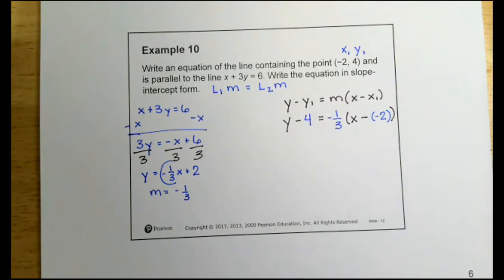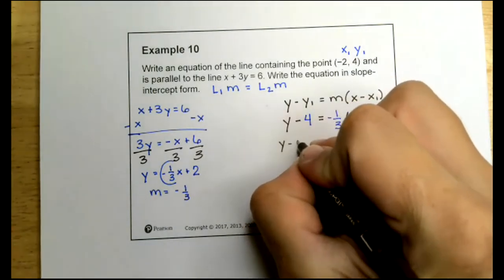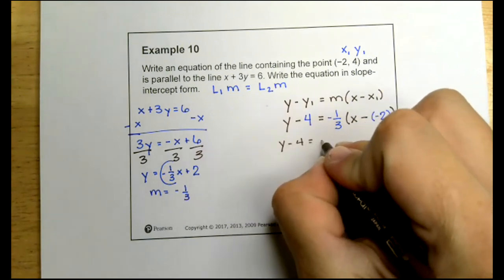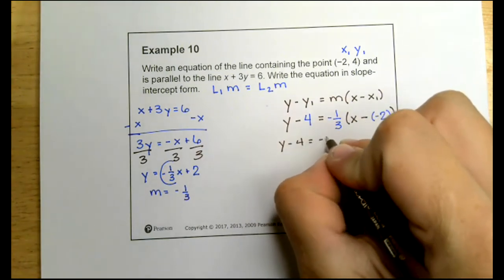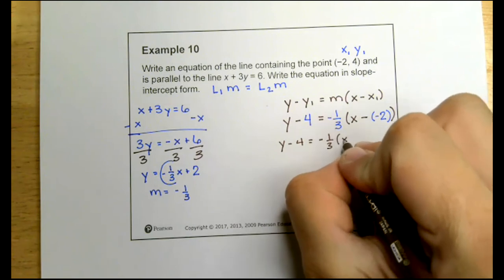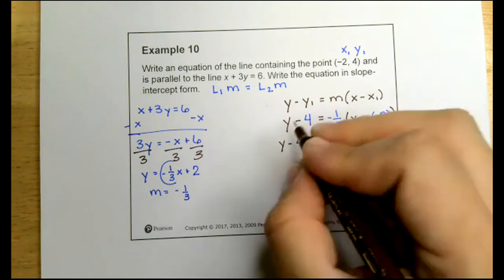And then we're just going to solve it. So now we have y minus 4 is -1/3 times x plus 2, right?